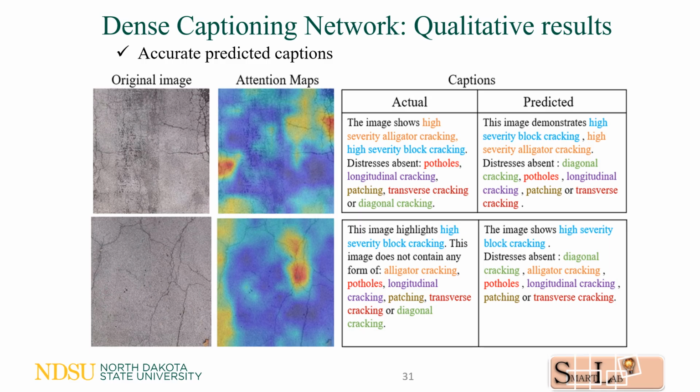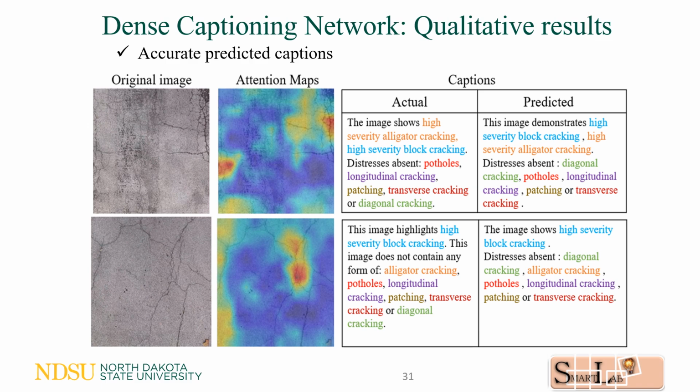Also for the second row, our model is able to capture the high severity block cracking and all the absent distresses in the pavement image. You can see the model is doing well in capturing the distresses. Now, aside from the captions, we included the attention maps.